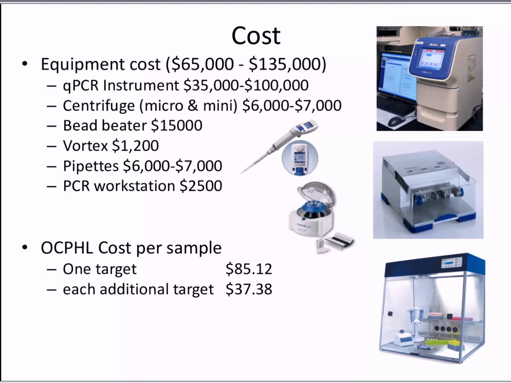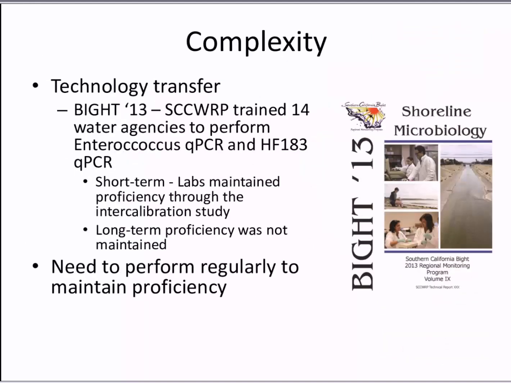And then another disadvantage would be complexity. The recent Byte 13 report that just came out, technology transfer in the Byte 13 SQUIRT, trained 14 water agencies to perform Enterococcus qPCR and HF183 qPCR.